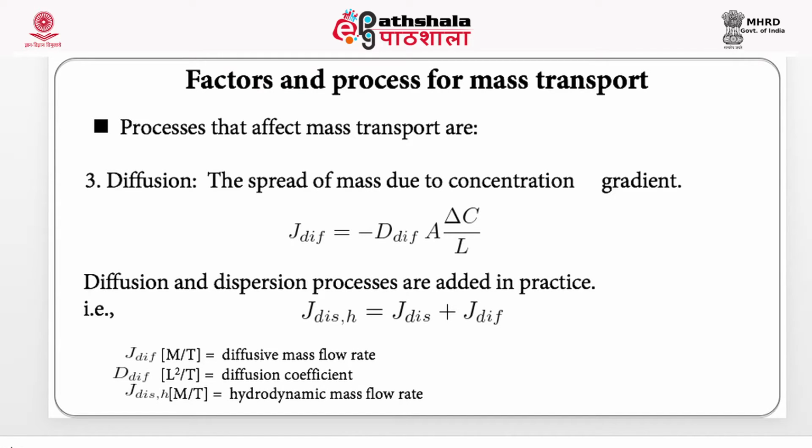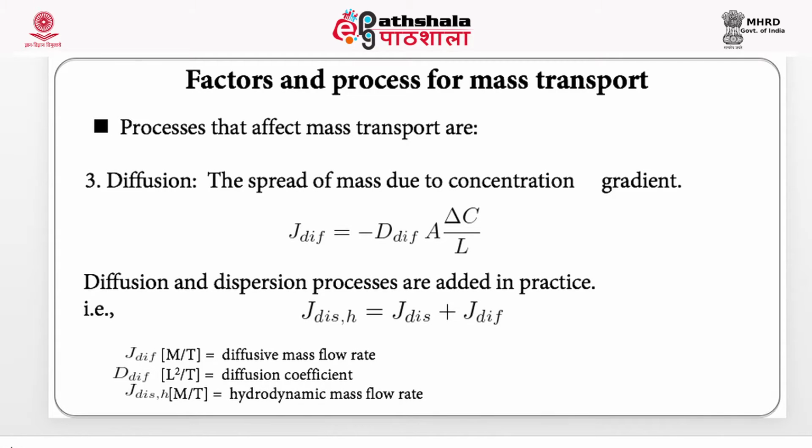In practice, we combine diffusion and dispersion processes, and we generally come up with the third mass flow rate, that is called the hydrodynamic mass flow rate, abbreviated here as J_DISH, H.